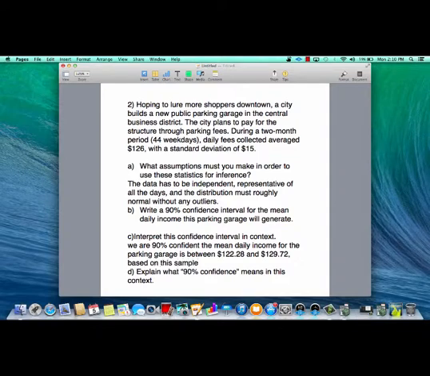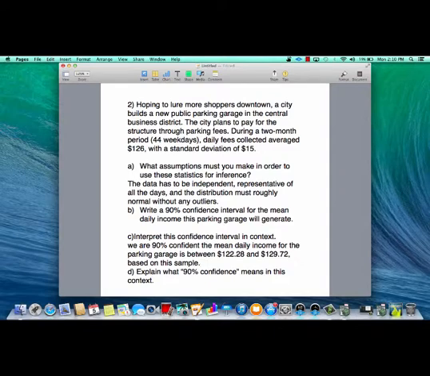Okay. So we're making an inference on the mean. We're going to be 90% confident, and we're basing it off just this sample. Okay, the more samples, the closer to normal we're going to get.